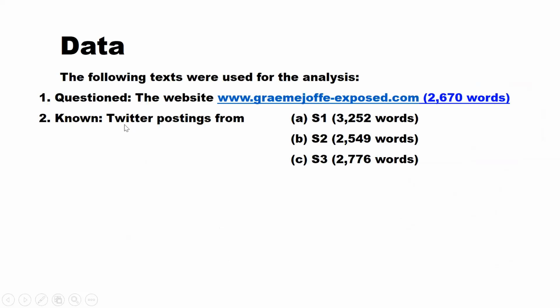From their Twitter accounts, I managed to get 3,252 words of text from suspect 1, 2,549 from suspect 2, and 2,776 words from suspect 3. Please remember that in Twitter, you can only have 140 characters, so it really took quite a while to get enough words to be able to compare against the blog.